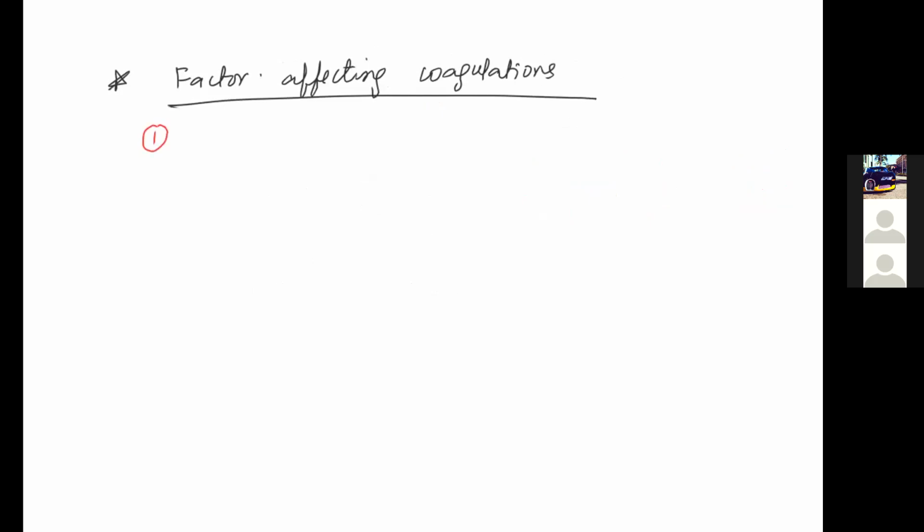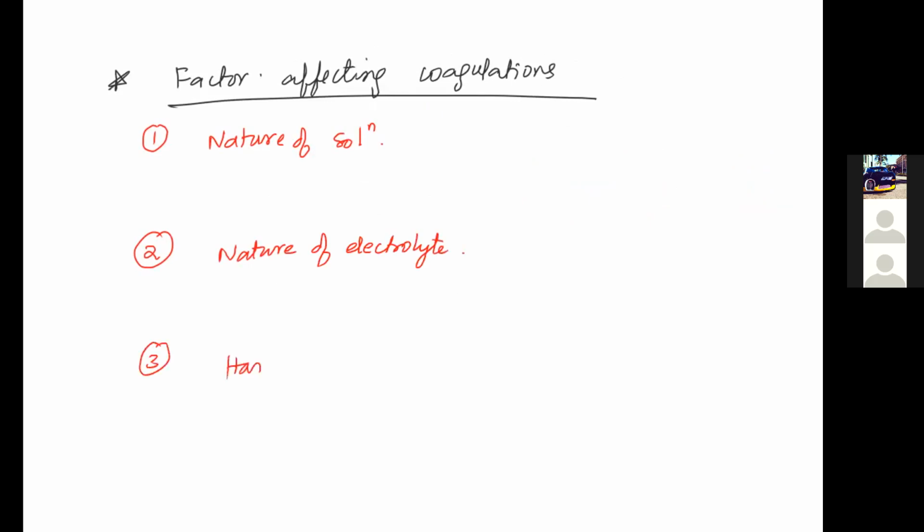Very important thing is factors affecting coagulation. One, the nature of solution. Two, nature of electrolyte. These are the two factors.